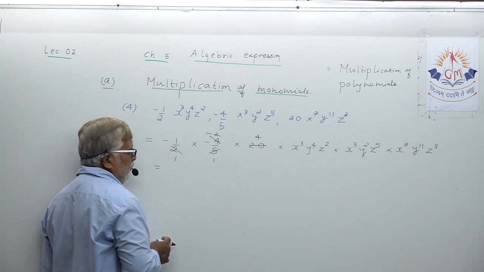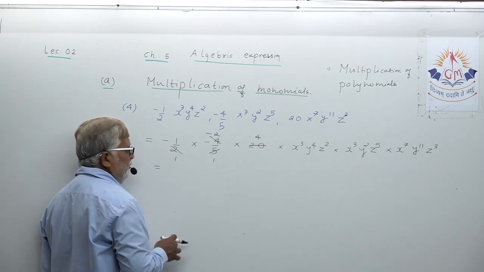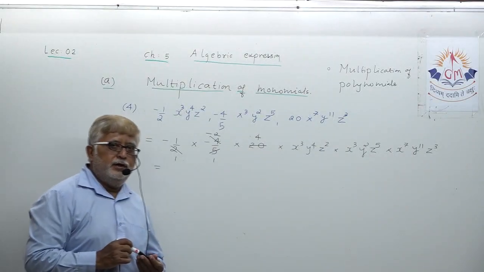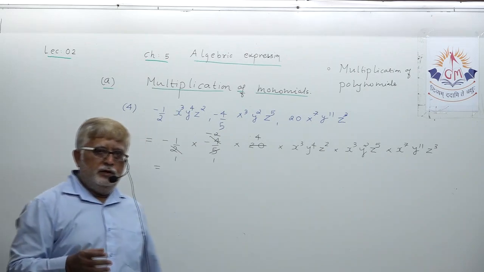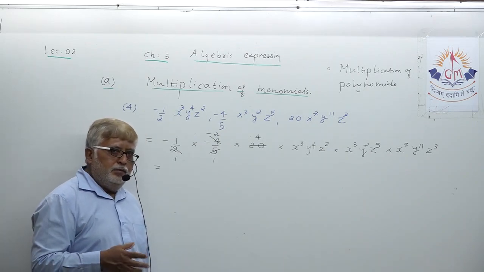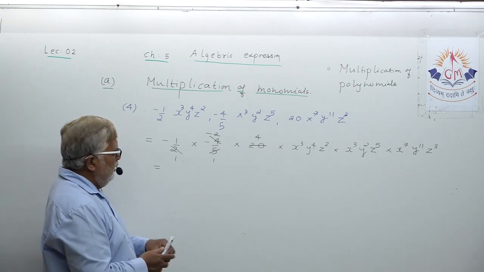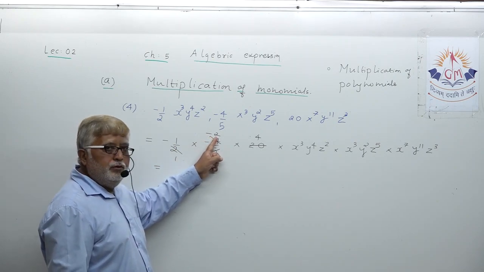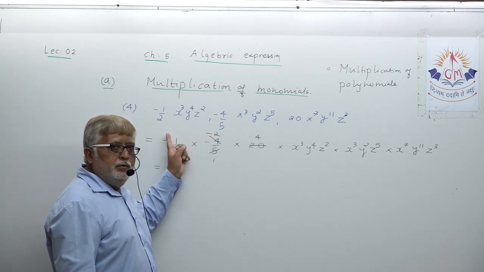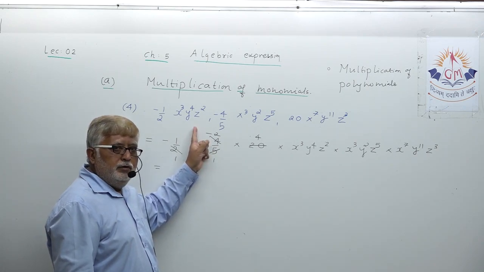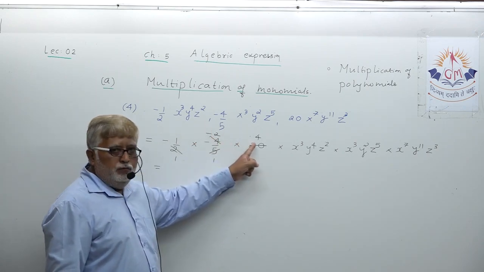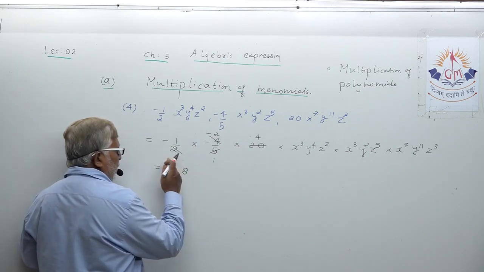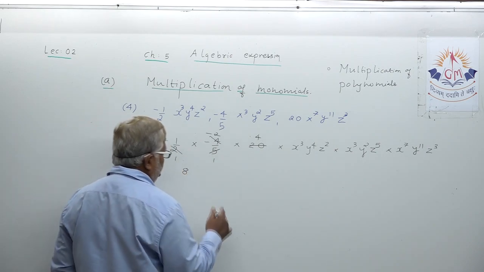Now cancellation, whatever was possible, has been done. Now multiply numerator and numerator. I have seen students making even simple mistakes in multiplication of the terms. That should not happen. Minus 1 into minus 2, minus minus plus, so plus 2, 2 4's are 8. Okay, denominator 1, nothing to worry about.